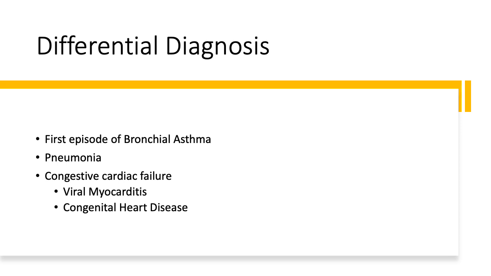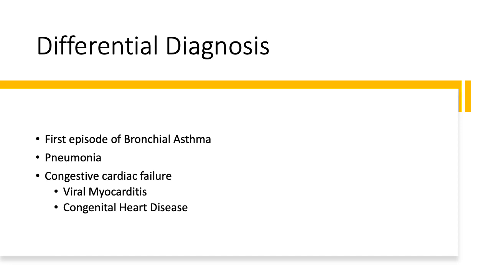Differential diagnosis. First episode of bronchial asthma, pneumonia, congestive cardiac failure due to viral myocarditis, or any hemodynamically significant congenital heart disease. These are all the differential diagnoses of acute bronchiolitis. The first episode of asthma may not be preceded by a viral prodrome.